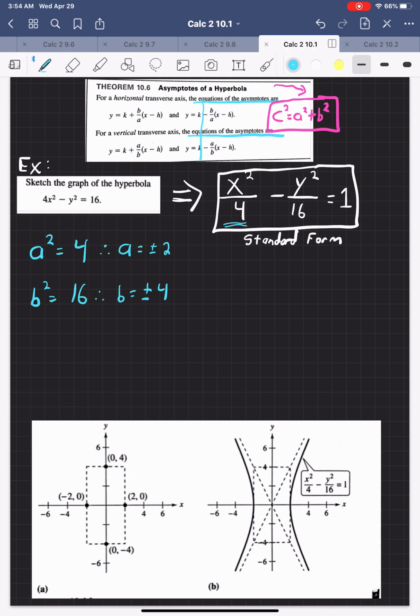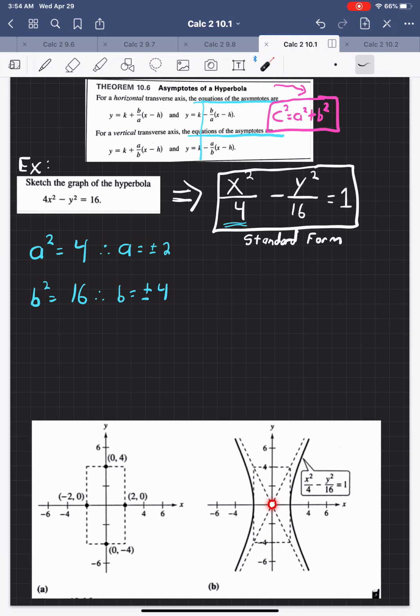Now, since we're trying to sketch a graph, let's establish that I don't see an H, K in this version of my equation of the hyperbola. In other words, H is 0, K is 0. So I know that the center of my hyperbola is at the origin. Here's the graph we're dealing with, and the center of the hyperbola is at the origin.